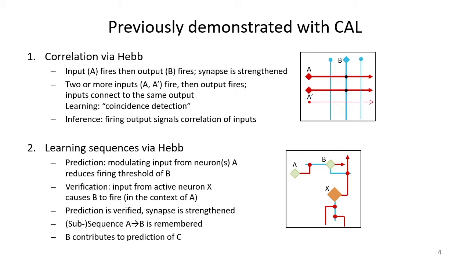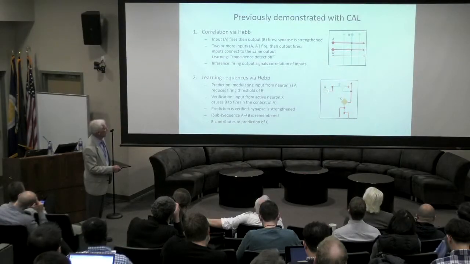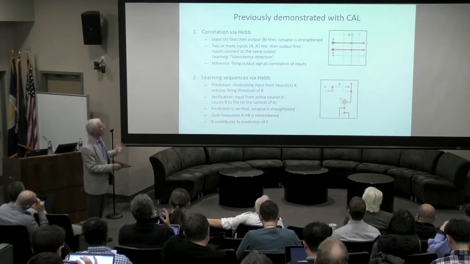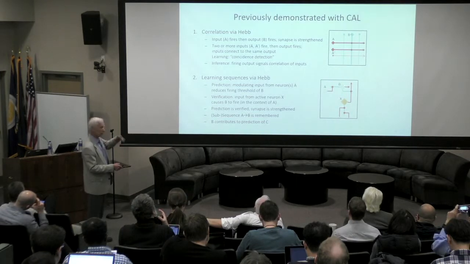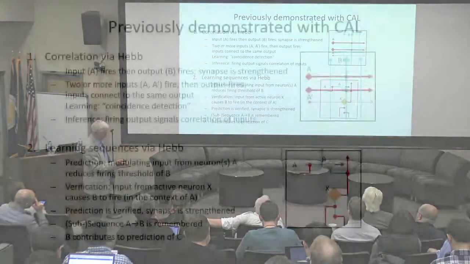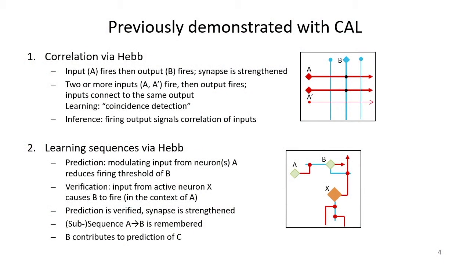I mentioned sequence learning. That proceeds in a very straightforward way. So if neuron A fires, it contributes then to the prediction of B. Maybe there's a lot of A's, but I'm trying to simplify it here. So B is now predicted.